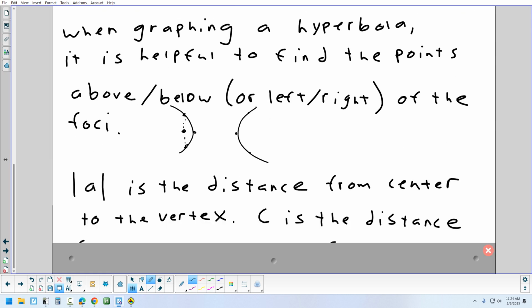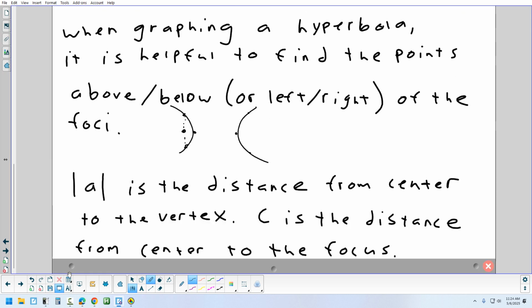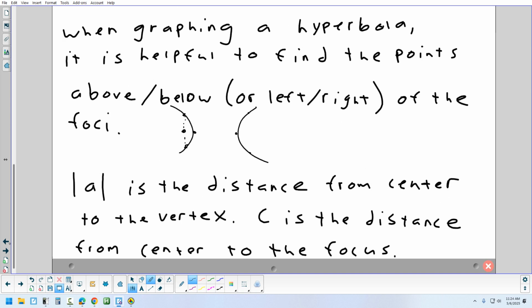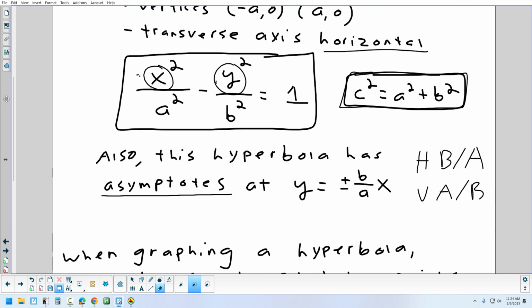So A and C, I've already explained to you what those were. I did put an absolute value around A because I don't want you to think, even though there's a negative here, I don't want you to think of A or B as ever being a negative. And I don't think I ever give you one where A is a negative. If I did, you'd have to rewrite it so the negative is in the middle.